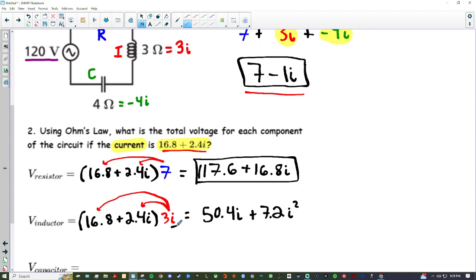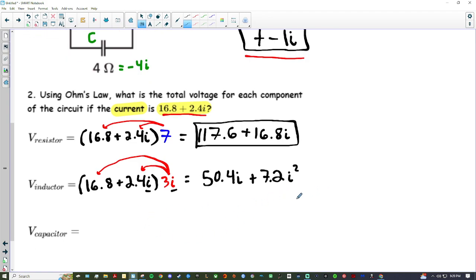Since they both have an i, when we multiply them together, we get i squared. And we learned earlier this quarter that i squared is the same as -1. So this can be rewritten as 50.4i plus 7.2 times -1.